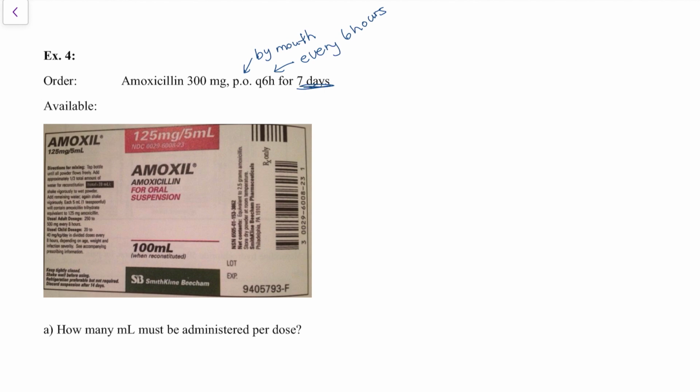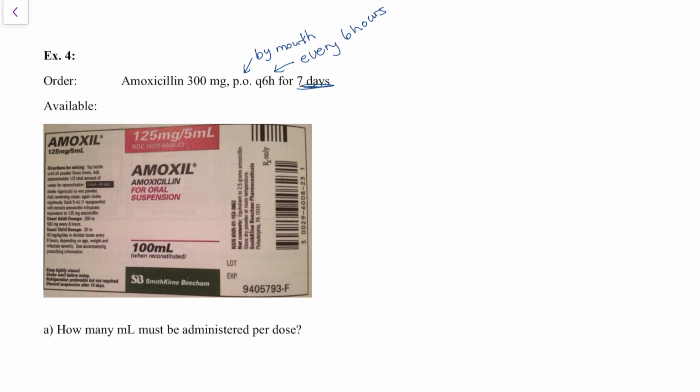So we're looking for the strength of the medication. A lot of people will see this 100 milliliters and think, that's the strength. That's not the strength. That is how much of the medication is in this container. So that is not what we're looking for.